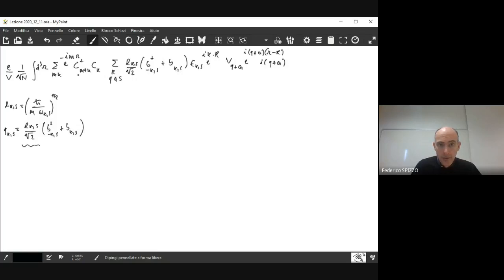So I have the electronic contribution, the phonon contribution, the electron-ion potential contribution. So what is the next step? So I have the e divided by the volume, square root of N, then I have the integral over d3r. Then in this case, the summation over R, so if I consider the summation over that index, the summation over that index involves this phase and part of this phase.